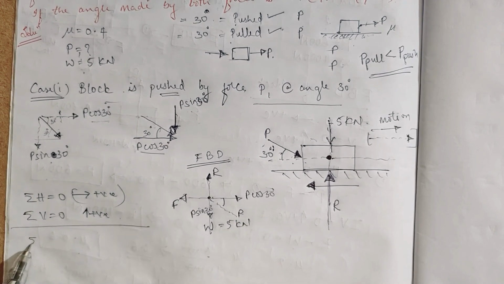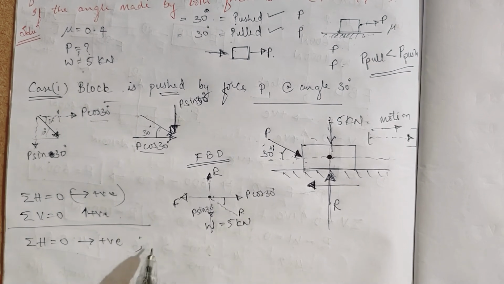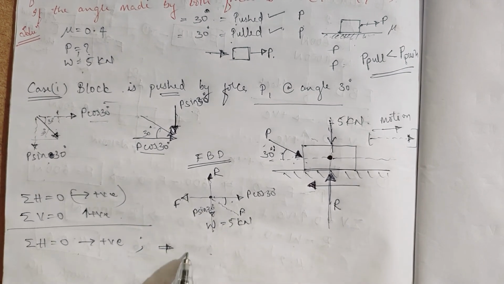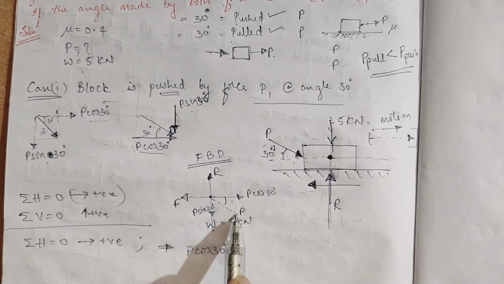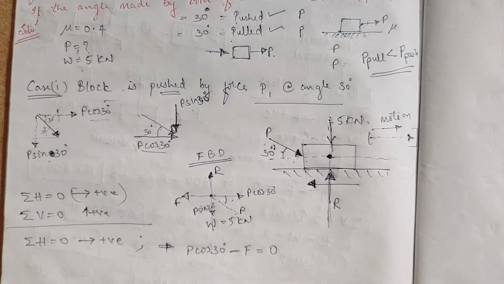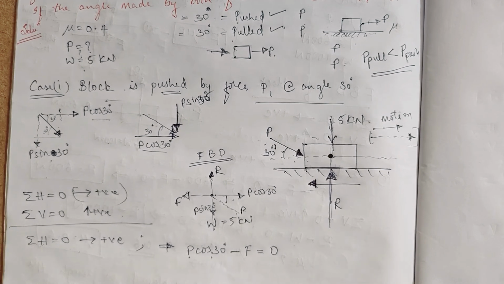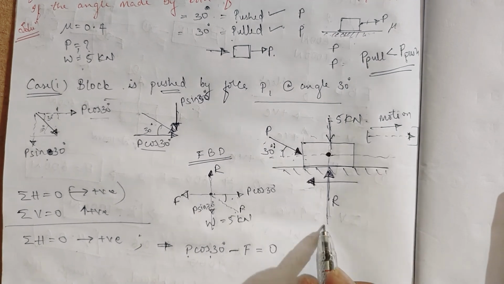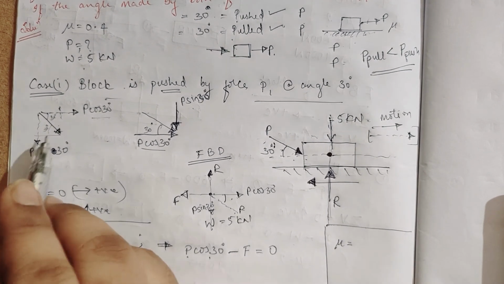So sigma H equals 0, taking left to right as positive. What will happen? See here. I'll take all the positive items: P cos 30-degree. Then what are the forces? This P and F are the forces. So minus F is equal to 0. We don't know the value of P, but cos 30-degree we know, and we also know that mu is given, that is 0.4.